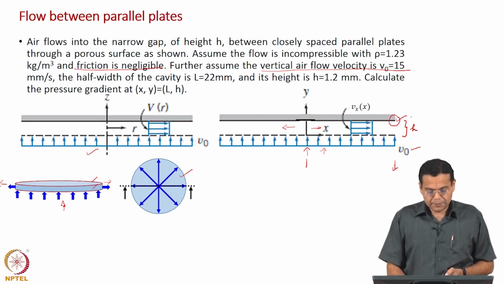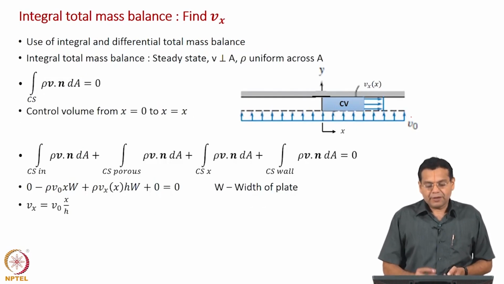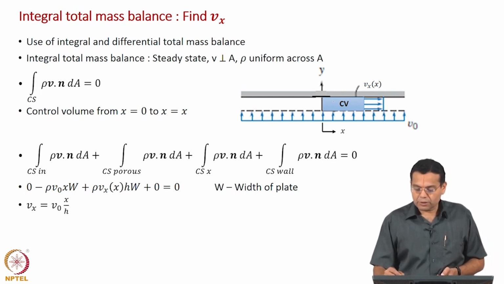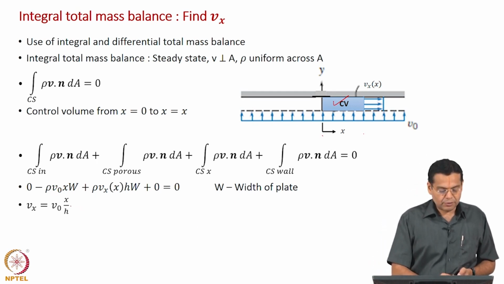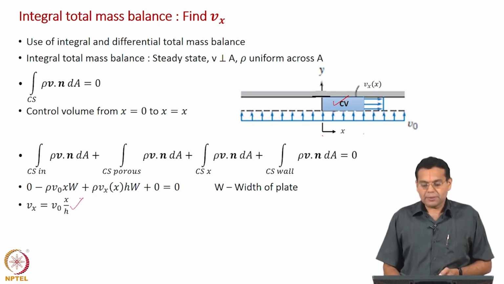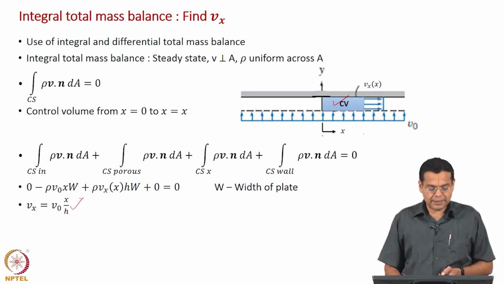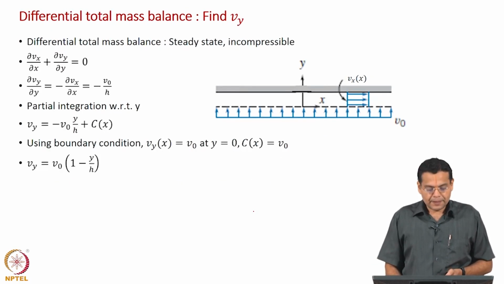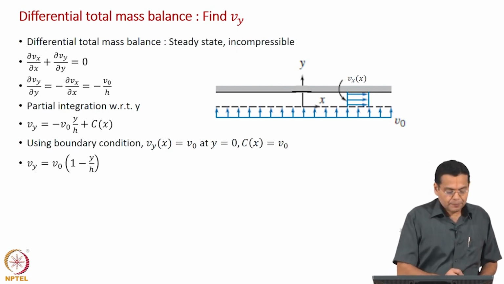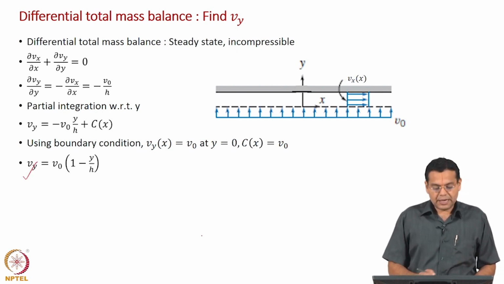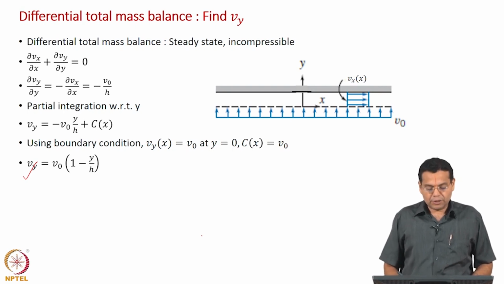Okay. So, these are recall slides. We applied integral mass balance, we took a control volume from x equal to 0 to x equal to x, did an integral mass balance and found the expression for the x component of velocity as v naught x by h. The x component of velocity increases along the x direction. Then we did a differential mass balance and found the y component of velocity as v naught into 1 minus y by h.